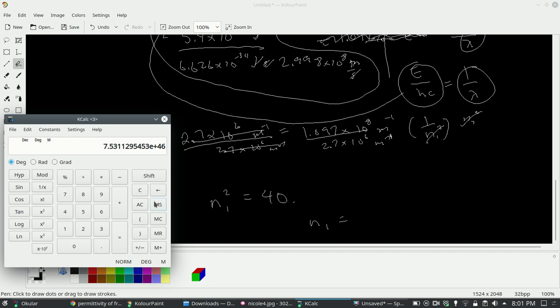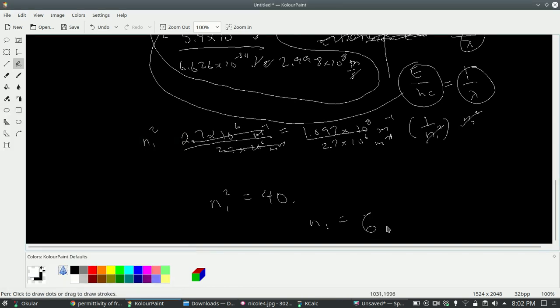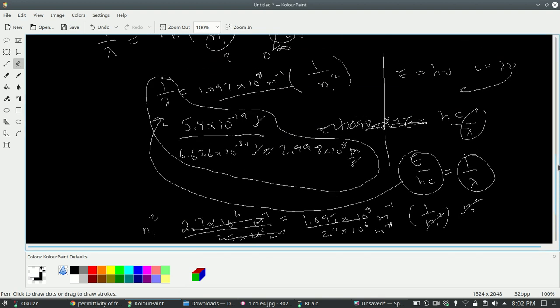So 40, and then take the square root of that. Oh, I used the wrong symbol. I should be using this one. The square root of 40 is 6. So n1 equals 6. Both the hard way and the easy way, I get an n of 6.